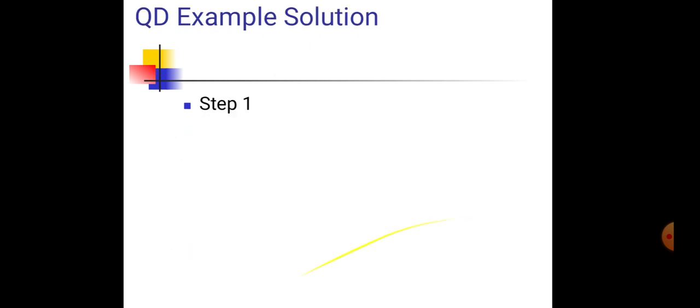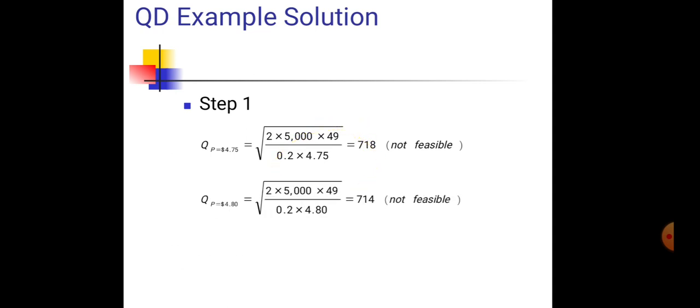So here we'll implement step 1. We'll find out Q, the EOQ. We know the EOQ formula, so you substitute the values and find out. It is 718, which is not feasible at the maximum order price. Then next you substitute the second price, that is 714. This is also not feasible.